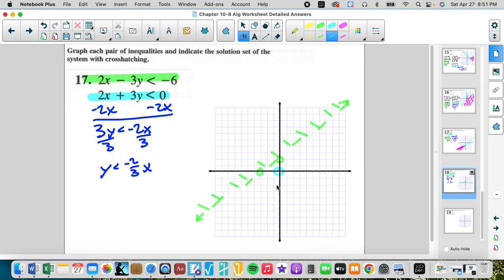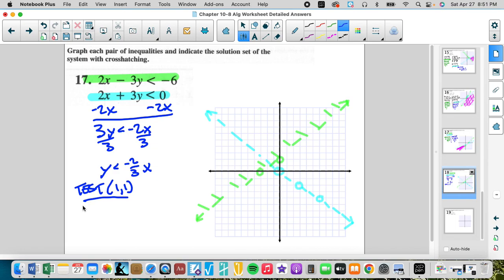So it has a slope of negative 2/3. So down 2, right 3. Open circle, down 2, right 3, 1, 2, 3. Dotted. We can't test 0, 0, so we have to test something different. We're going to test something out of that quadrant, like 1, 1.